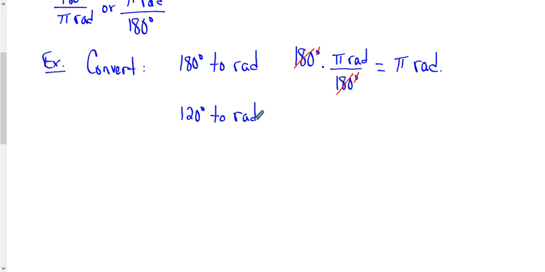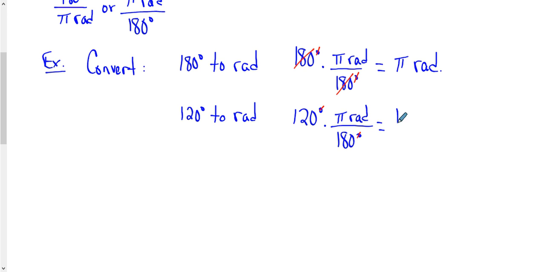Okay, so let's take our 120 degrees, and I want degrees to cancel, so I need them top and bottom of each other, right? So I'm going to do pi radians to 180 degrees, okay? Degrees are top and bottom, so will they cancel? Yes. Okay, so let's start simplifying this, right? So I have 120 over 180. Well, let's get it in lowest terms fraction, right? Can we divide top and bottom by at least 10?